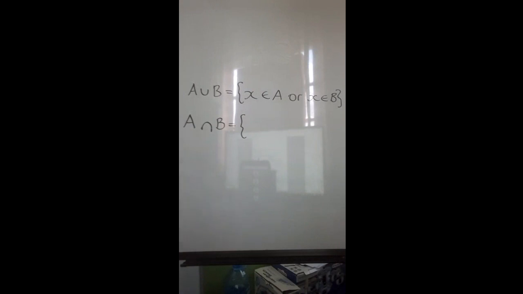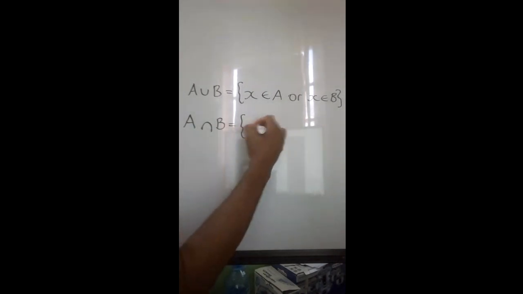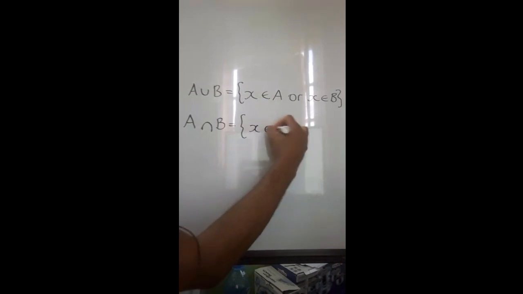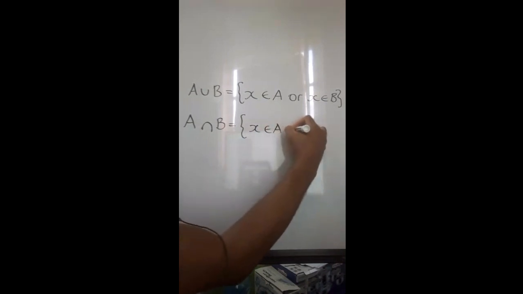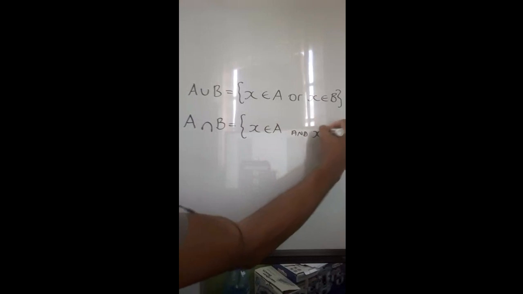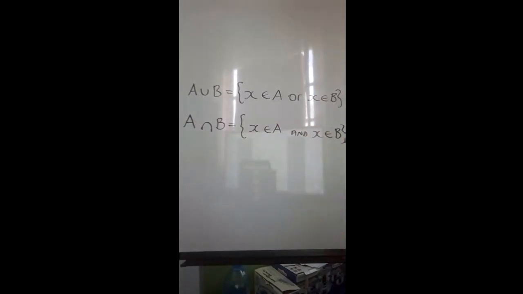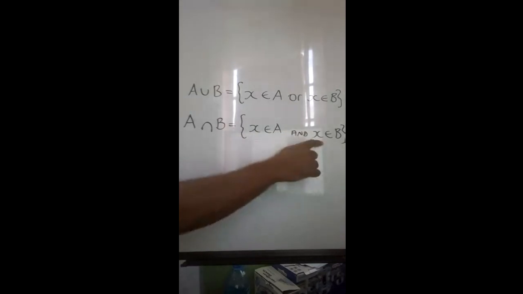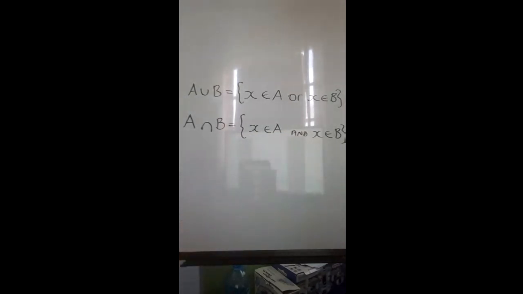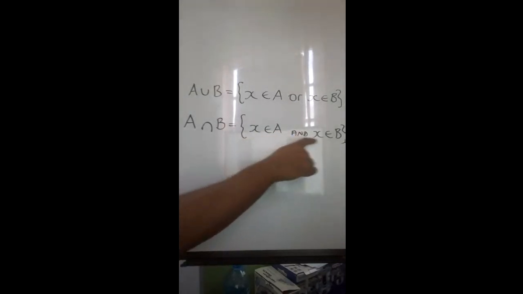Whatever. It is defined as A intersect B, which is all the elements in A, and at the same time it must also be in B. So the X must be in A and B. The element must be in A and it must be in B.